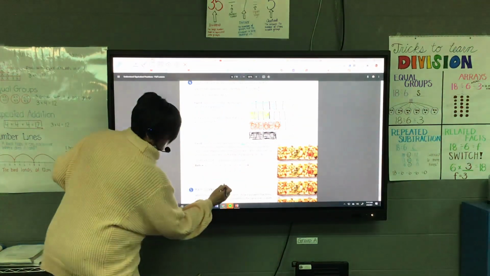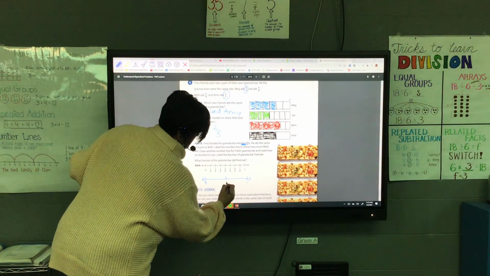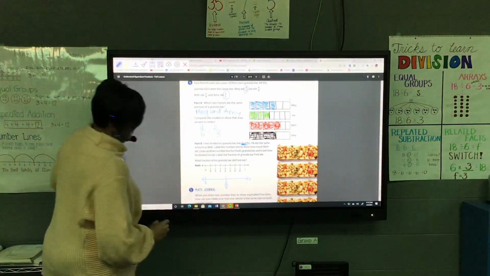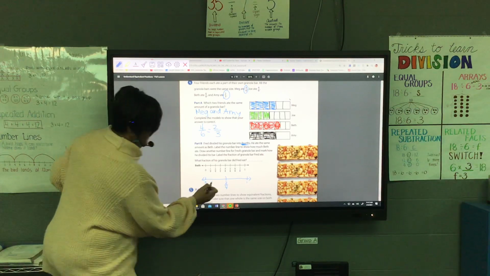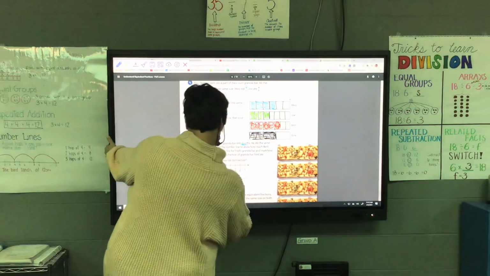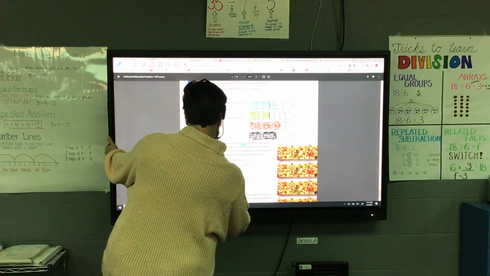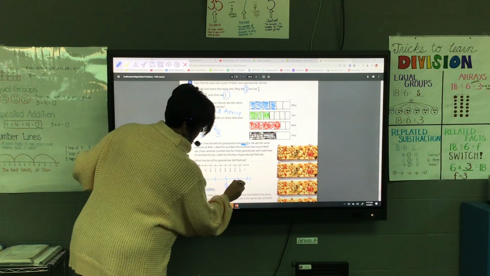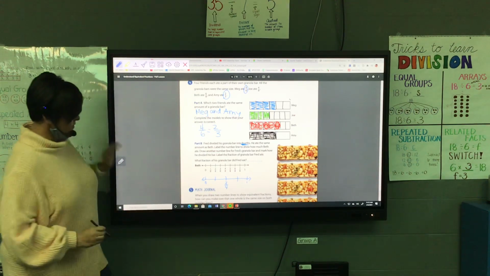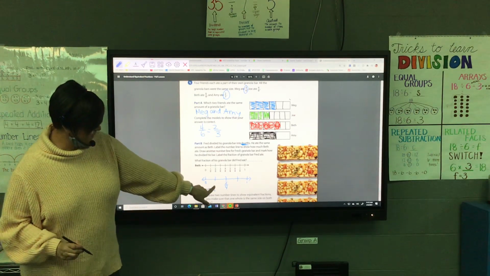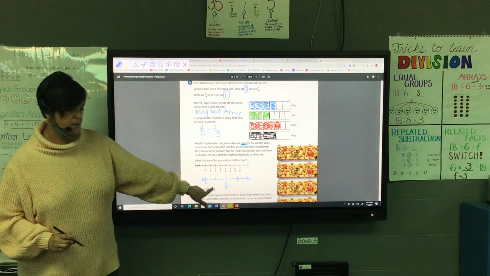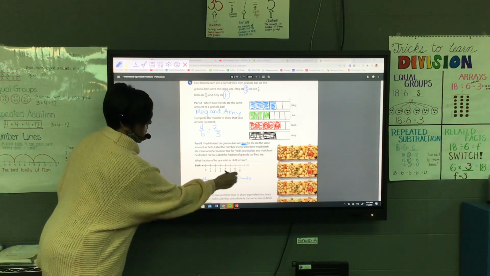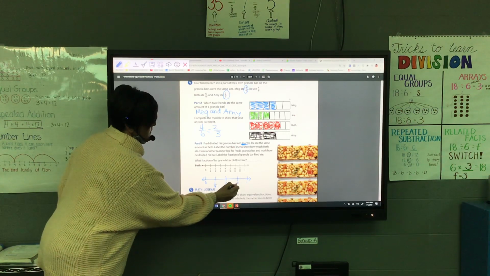So this would be 2/4. What would this fraction be? 1/4. We've already did 2/4, so what's this next one? 3/4.